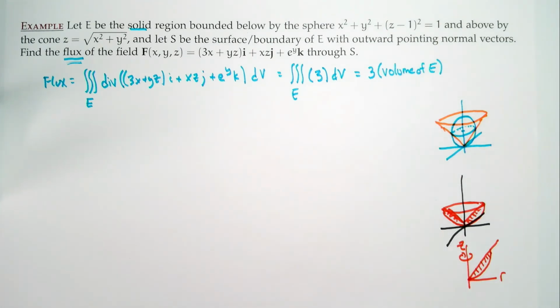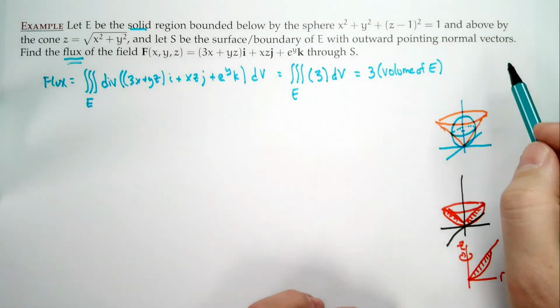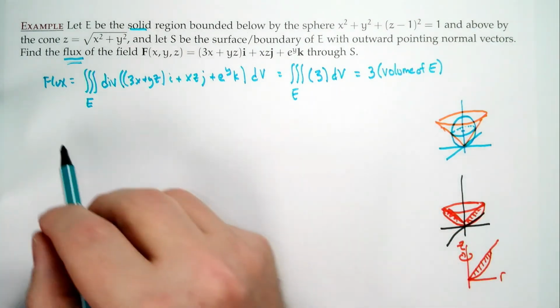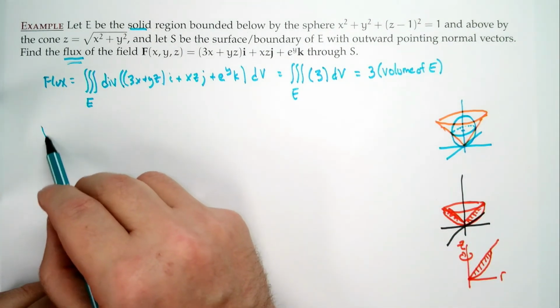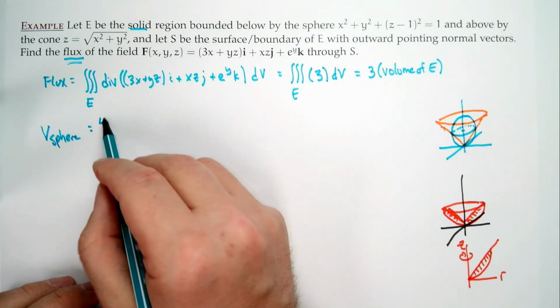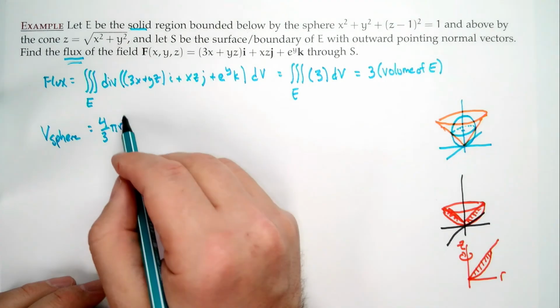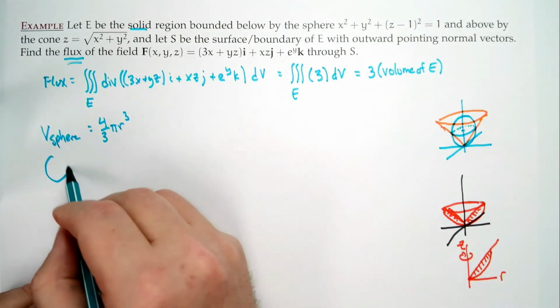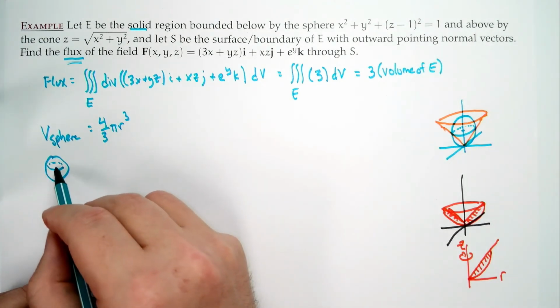Now, we could do this without doing any integration if you know some basic facts about shapes. So what are some basic facts about shapes? Well, one basic fact is that the volume of a sphere is equal to 4/3 pi r cubed. So that's if you have a sphere of radius r.